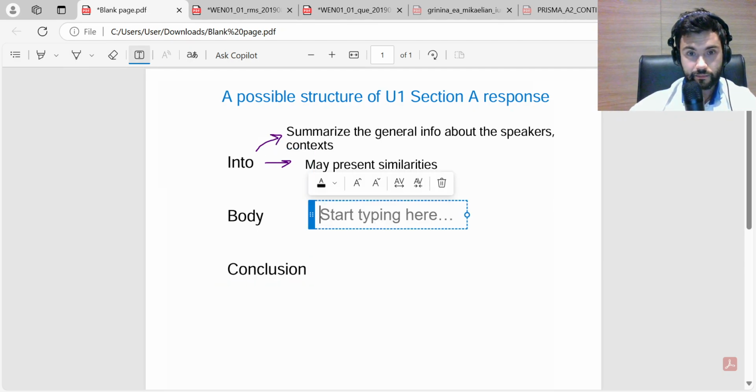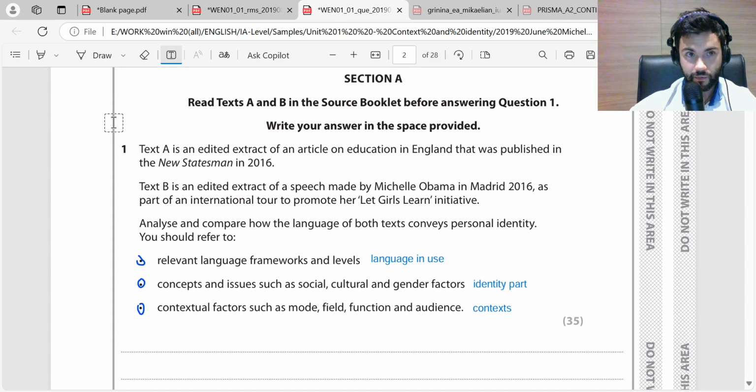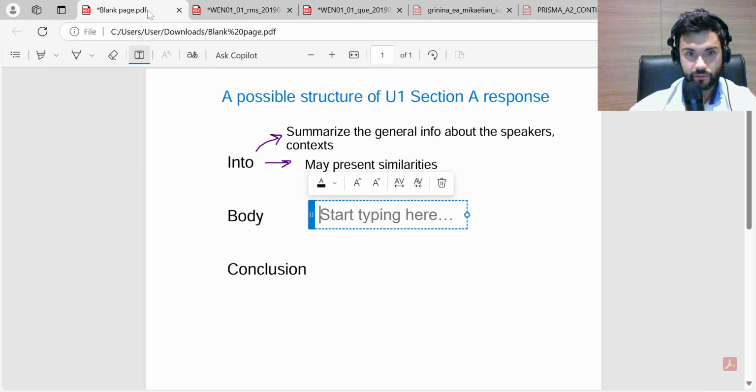So in the body, it's, by the way, necessary to consider these bullet points. So in the introduction, we have at least partially considered this and a little bit of this partially. So we still have the language in use.